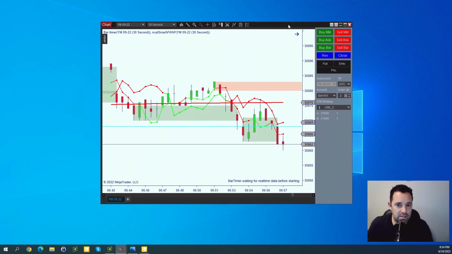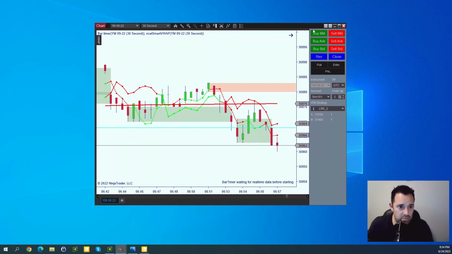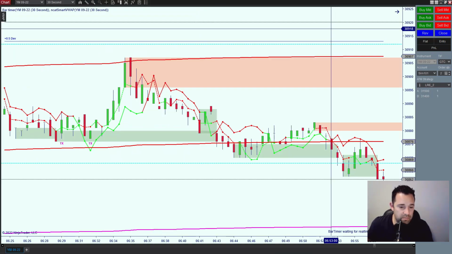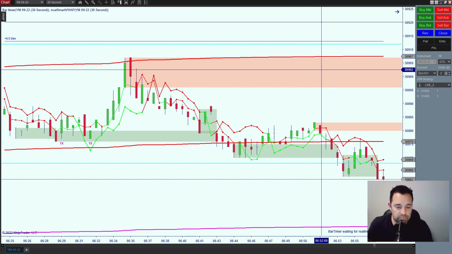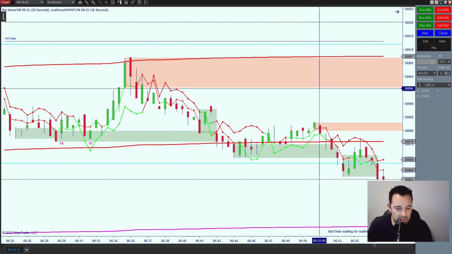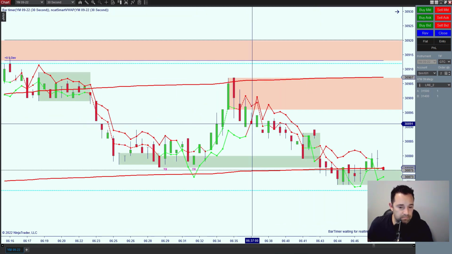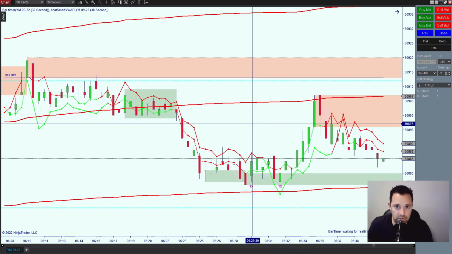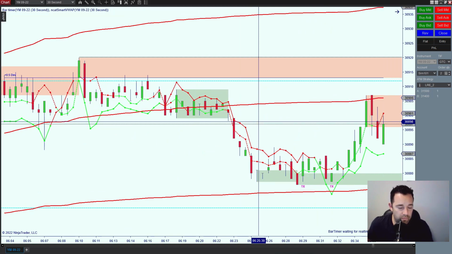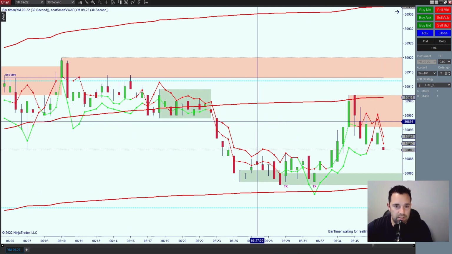And what you're looking at here is what's called the simplicity chart. Many of you know what the simplicity chart is. Some of you don't. First and foremost, you have to know the entry and the exit.